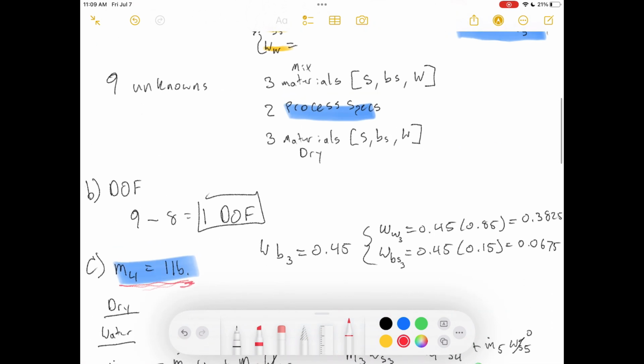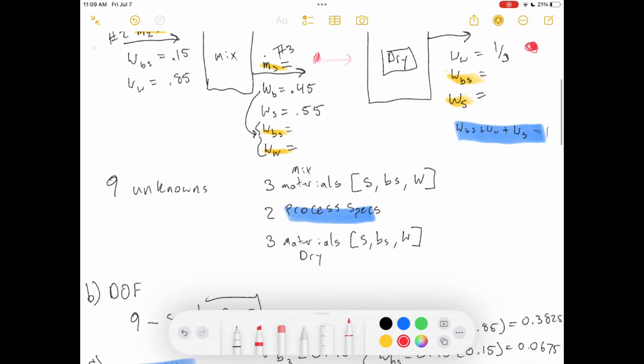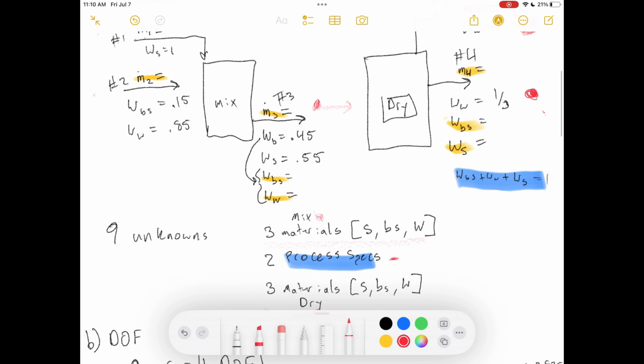Okay. So we have 3 material balances for the mixer, and then we have 3 material balances for the dryer, and then we have 2 process specifications. One process specification is this one right here, which I highlighted in blue. You can see that this plus this plus this has to equal 1. So that's a process specification we could use.